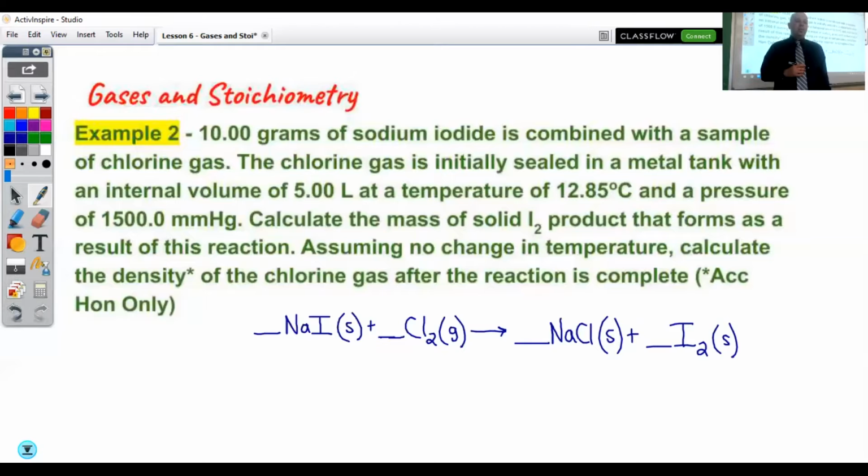The next part of the problem says, the chlorine gas is initially sealed in a metal tank with an internal volume of 5.00 liters. So for chlorine, we have a volume of 5.00 liters at a temperature of 12.85 degrees Celsius and a pressure of 1500.0 mmHg.